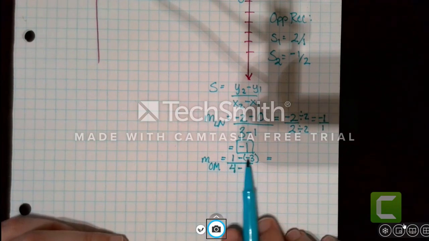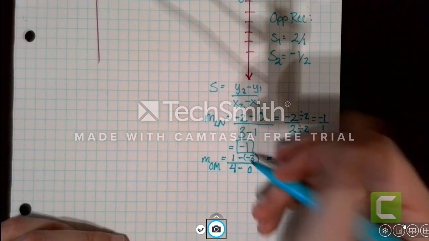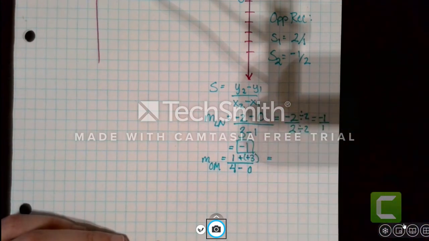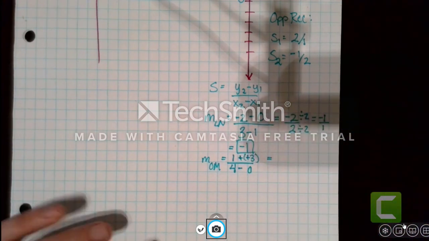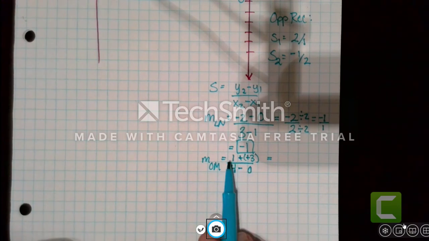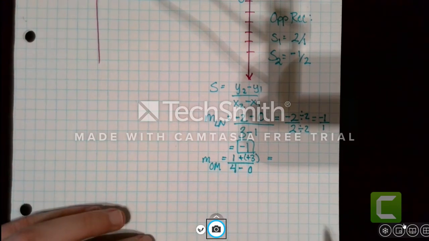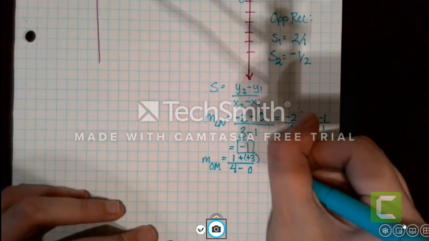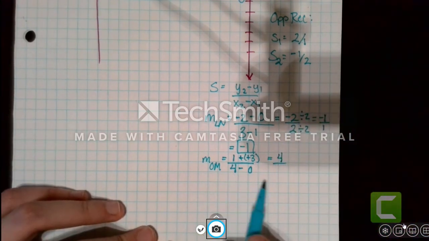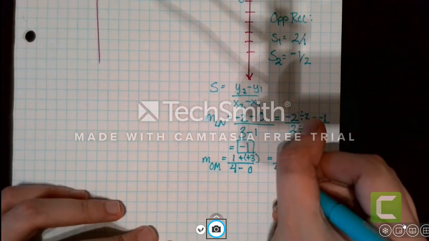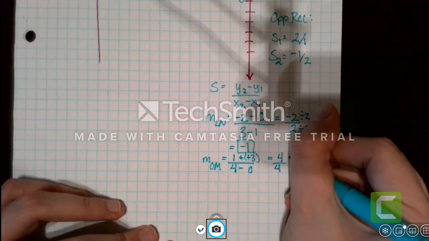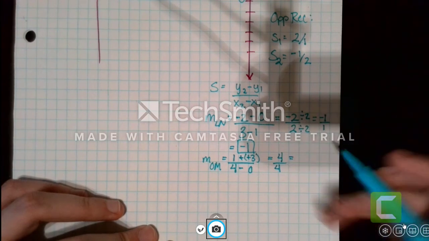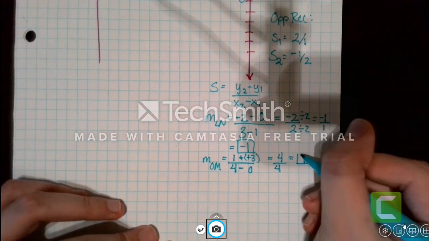Now you can't take away something that doesn't exist, so that means your signs have to change to both be positive. So to solve algebraically, my numerator now is 1 plus 3. 1 plus 3 gets me a positive 4 up top, and since my bottom is 4 minus 0, that means I have a positive 4 on the bottom as well. So 4 divided by 4 gets me a positive whole 1.